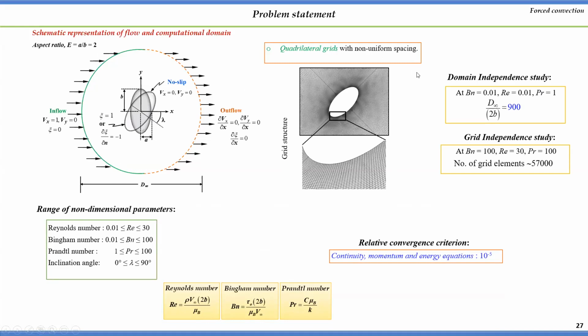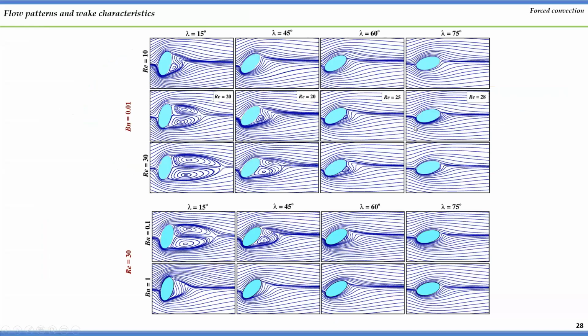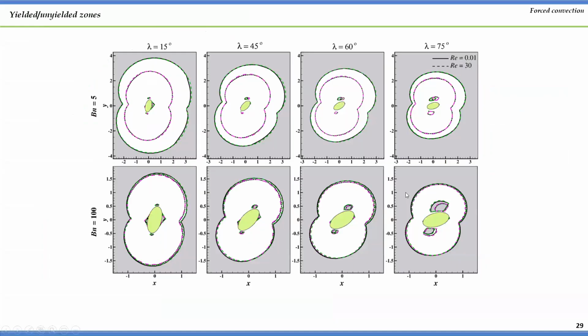And the moment your object becomes very blunt or slender, you can see that this vortex formation gradually disappears. Similarly, the yielded and unyielded regions again modulate the shape next to your geometry quite a lot because of the orientation.